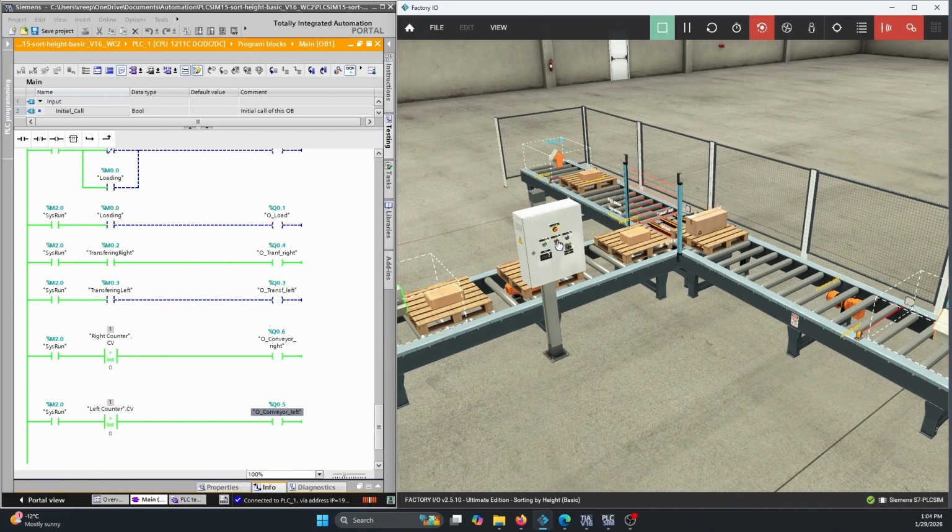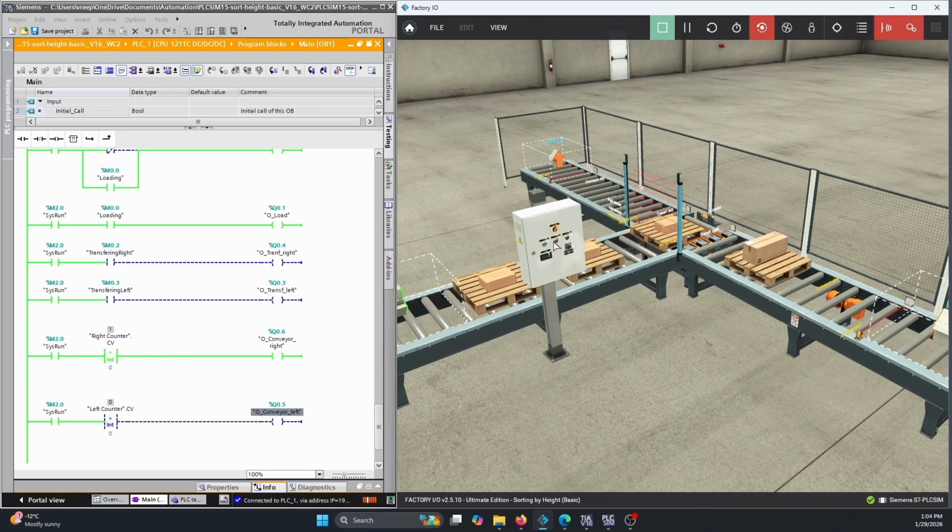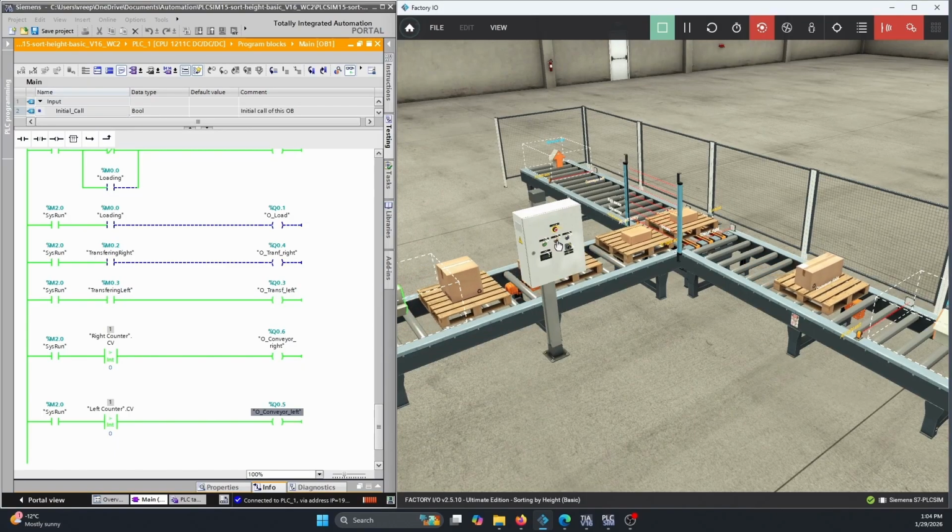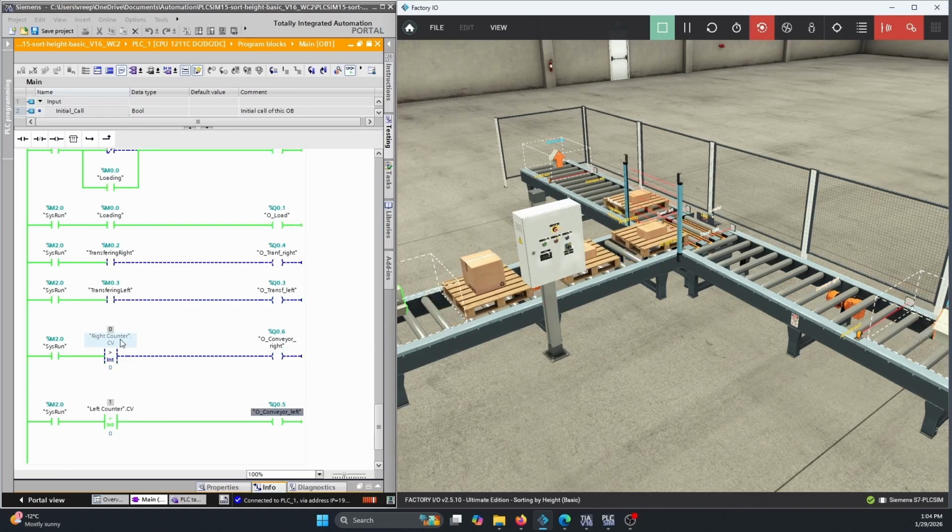If I stop it here, and it's blocking that sensor there, then let's start it back up again. And everything seems to be running smoothly. Nice. Let's do the same thing here with this small box. We've stopped it on the line, on a sensor. Now we're restarting the line back up, and it knows exactly where it is because of the count of our transferring left or transferring right.